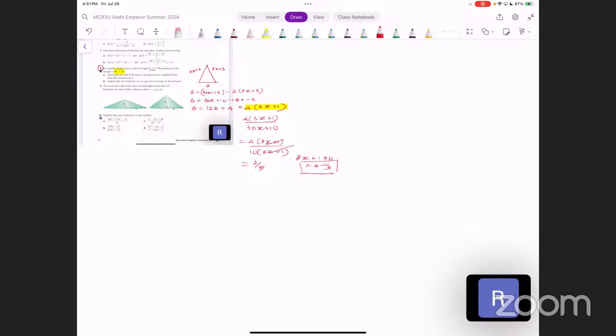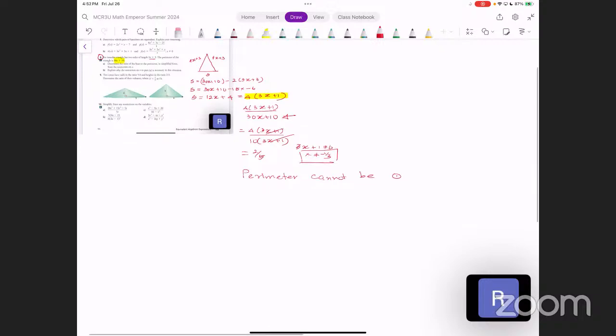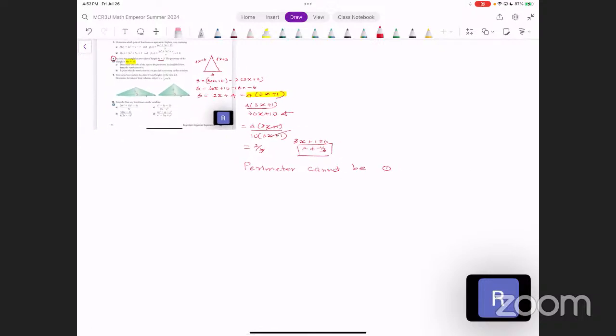And also you can say the bottom represents the perimeter. So the perimeter cannot be 0, isn't it? Can we have a perimeter of 0? No.